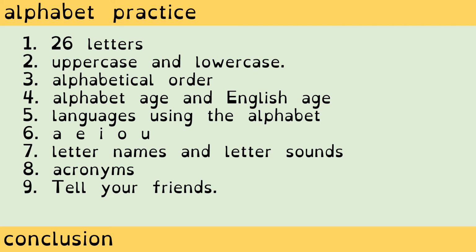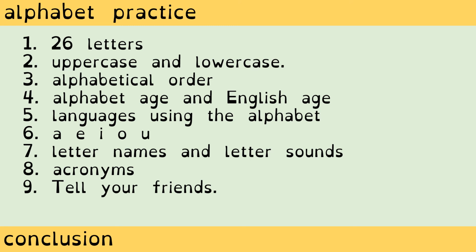Alphabetical order. The alphabet is usually presented in order, alphabetical order. Alphabetical order is not the only order possible, though. So we looked at the alphabet in order of most to least frequently used letters.